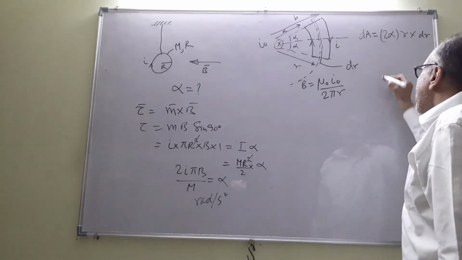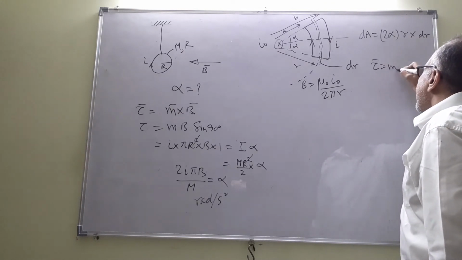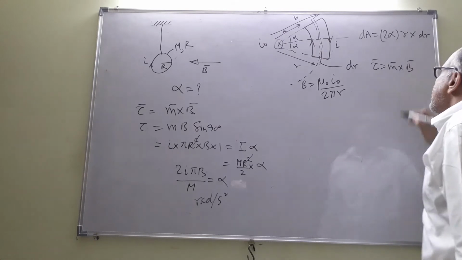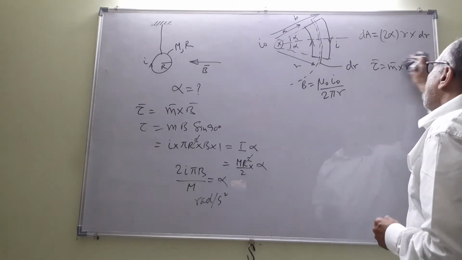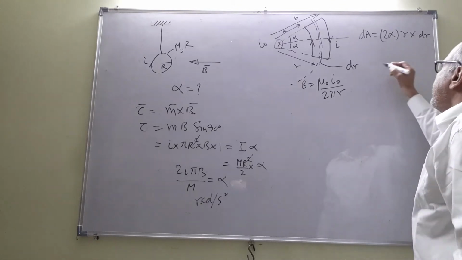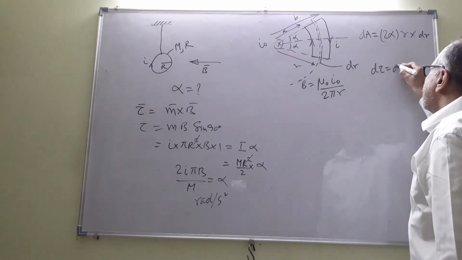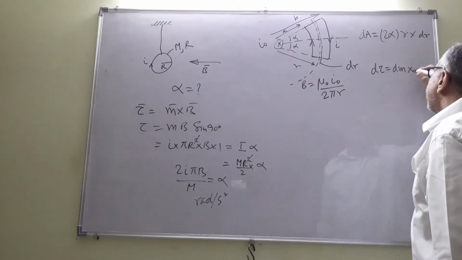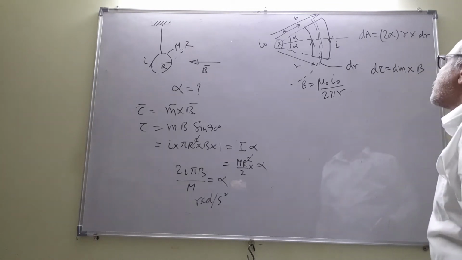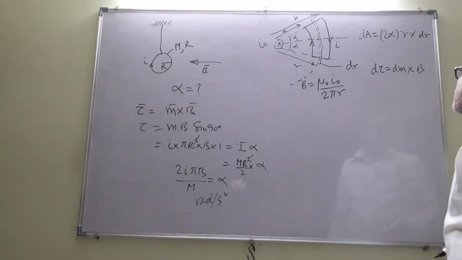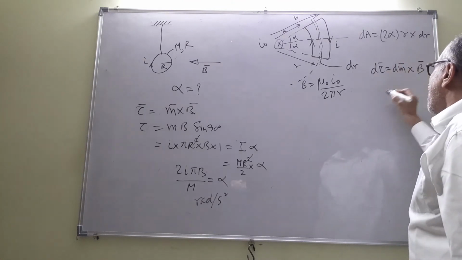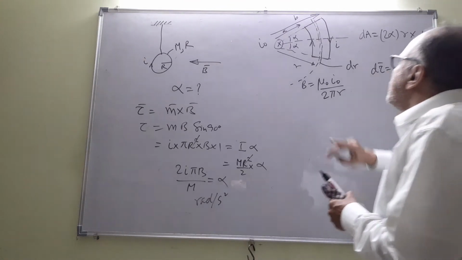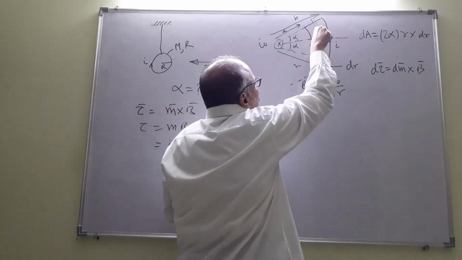Now we want to find out the torque. Let's say torque is m cross B. We can find d tau is equal to dm cross B. So dm would be into the board.